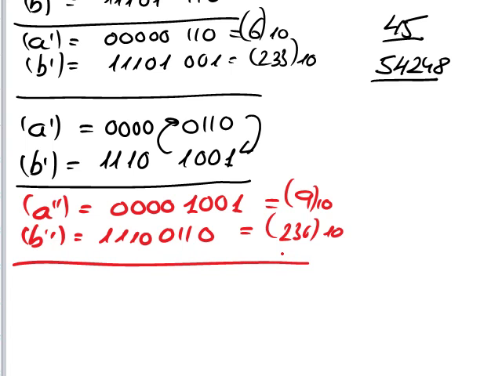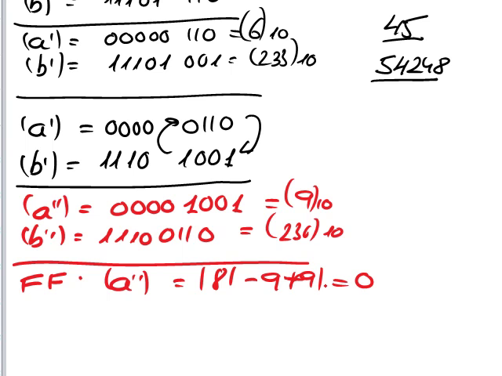Again, we'll examine them with our fitness function, and we find out that FF, for the case of A prime prime, is the absolute value of 81 minus 9 multiplied by 9, which is 0.